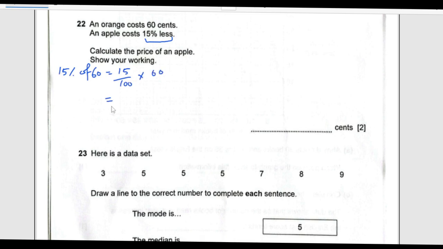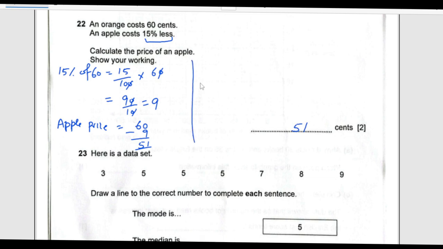So this 0 is gone, 5 times 6 is 30, 90 over 10 is 9, right. But the question is the price of an apple. So the price of the apple is going to be the orange cost, 60, minus 9 because it is less. So 51. So the final answer is 51.